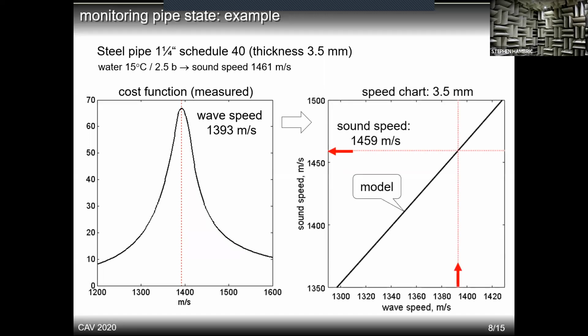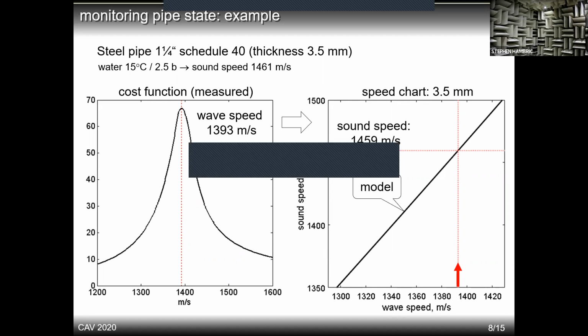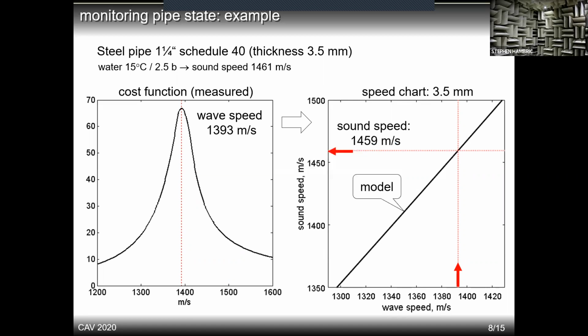And this relationship is given by this line on this diagram. And then we take the measured wave speed and get the sound speed of 1459 meters per second, which, as you can see, is almost identical to the sound speed taken from the catalog.